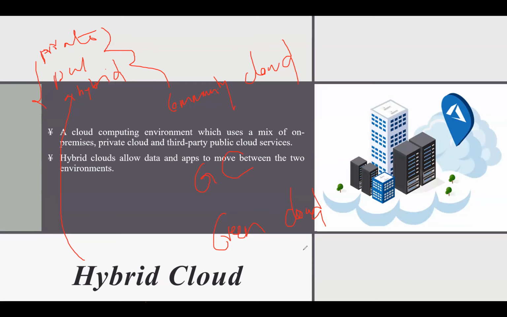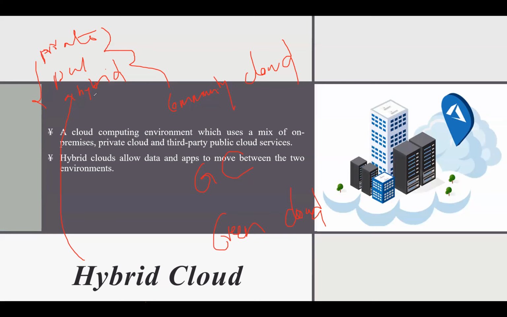And one more is quantum cloud. Maybe in future you can see quantum clouds, massive storage. Quantum clouds are nothing but massive storage. If you want massive storage, then you will definitely go for quantum clouds. But again, these three are the major ones, sir: private, public, hybrid.